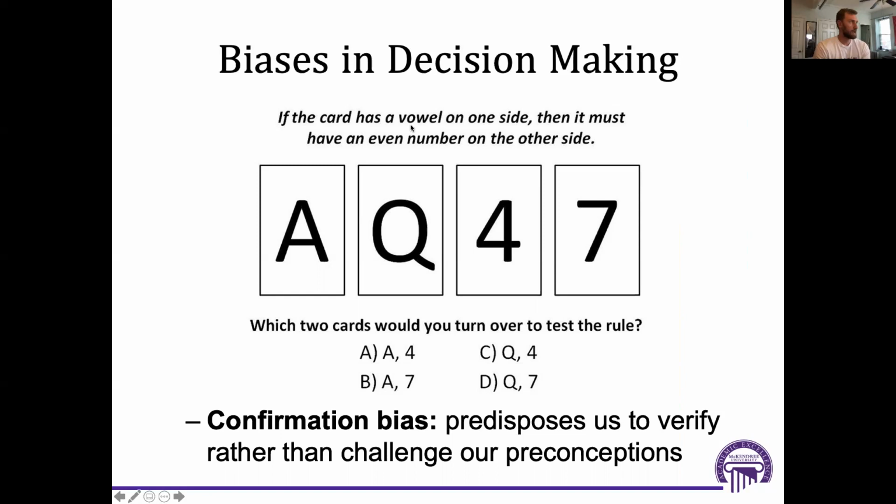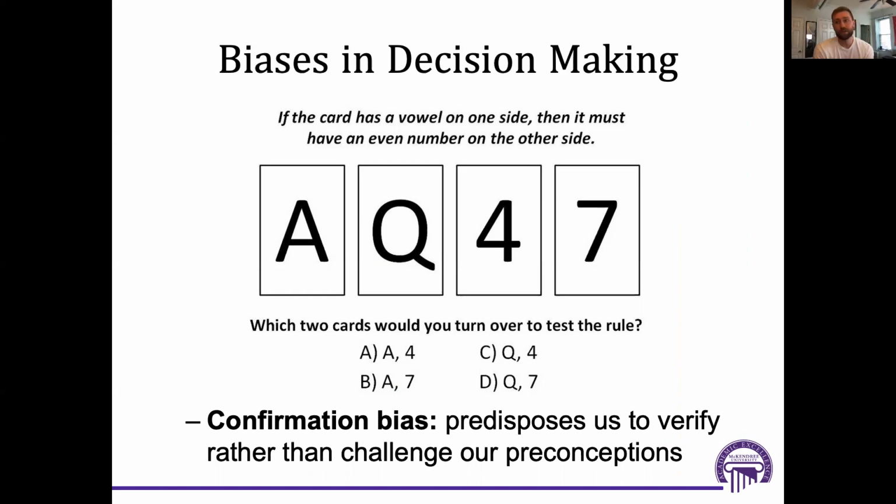If the card has a vowel on one side, then it must have an even number on the other. So a lot of people in this problem choose the incorrect answer. You are probably looking at this, and it's likely that you chose A as the correct answer.